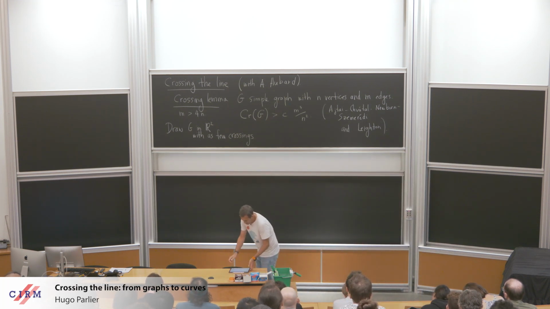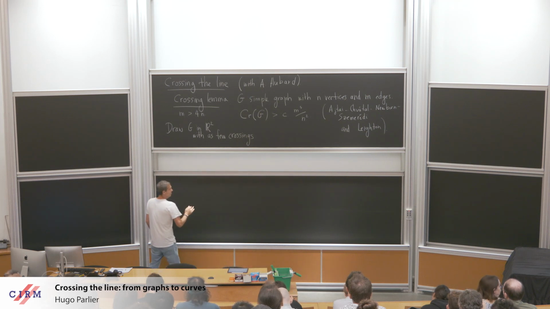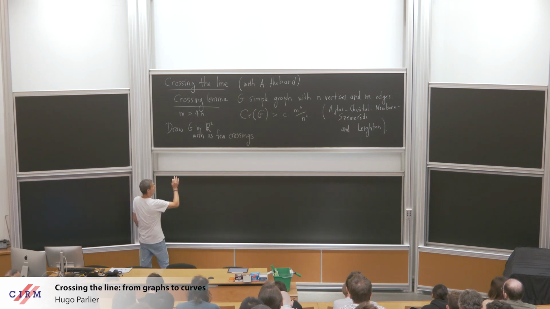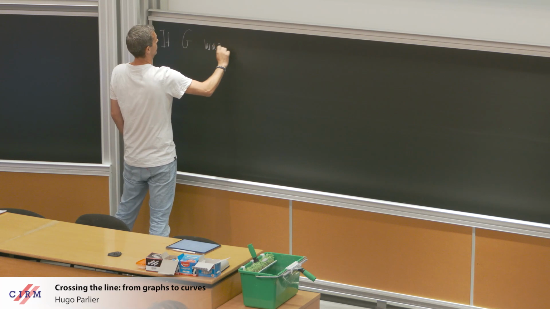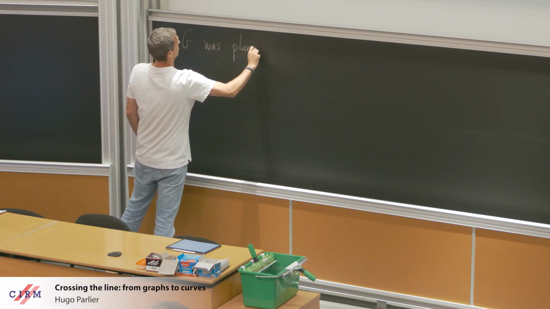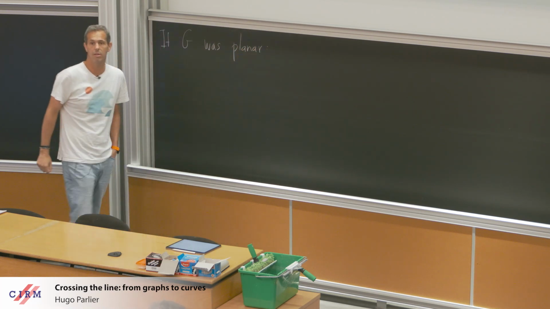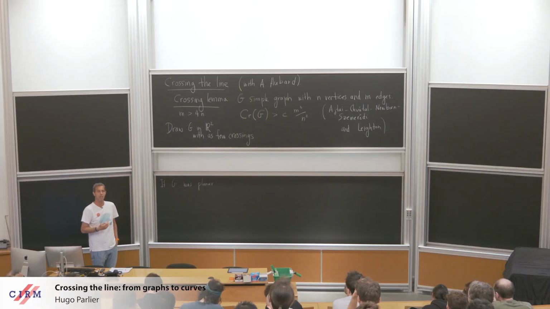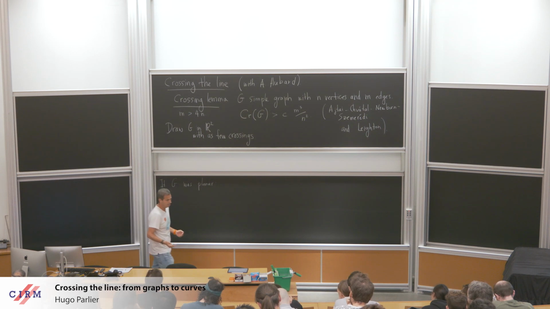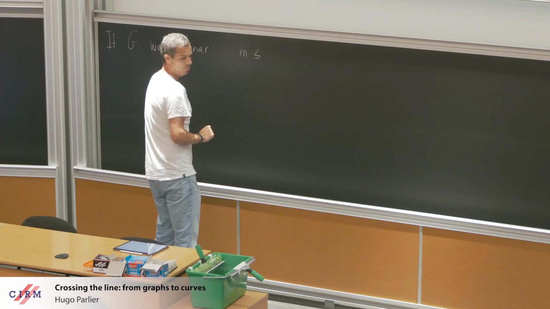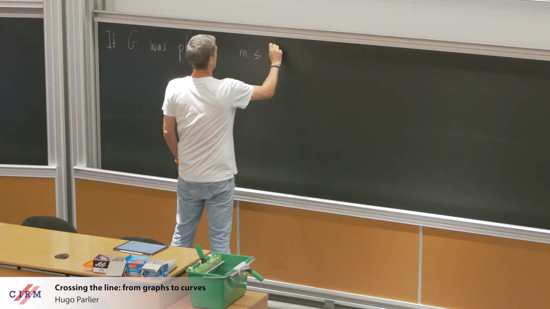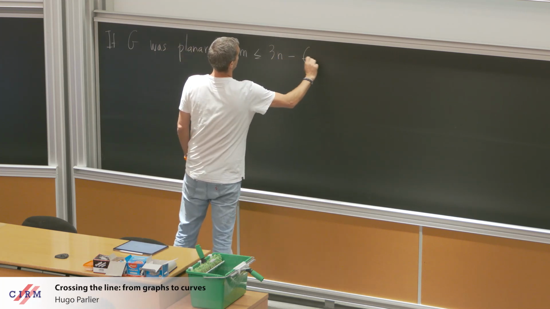All right, so if G was planar, if you had a planar graph, you'd have a definite condition on the number of edges and number of vertices: m would have to be less than or equal to 3n minus 6.